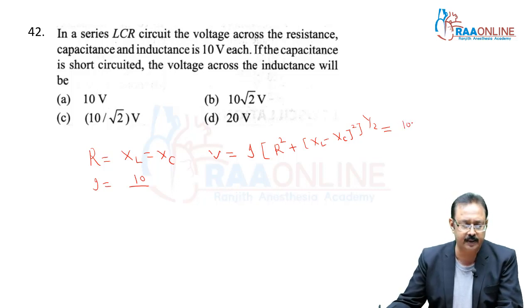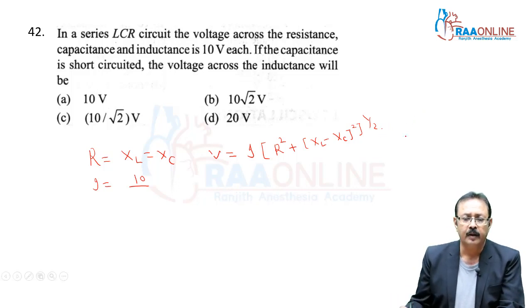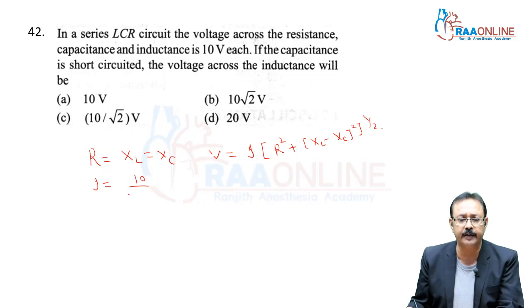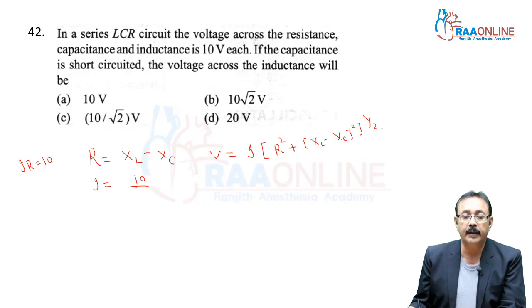I into R is 10 volt. So they are talking about voltage 10. Now they are saying we short circuited the capacitor. So initially I into R across resistance voltage was 10, which means the value of I is equal to 10 upon R.